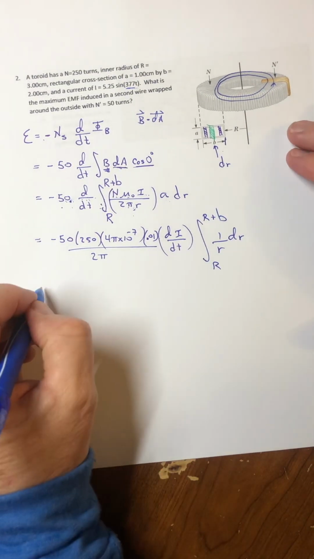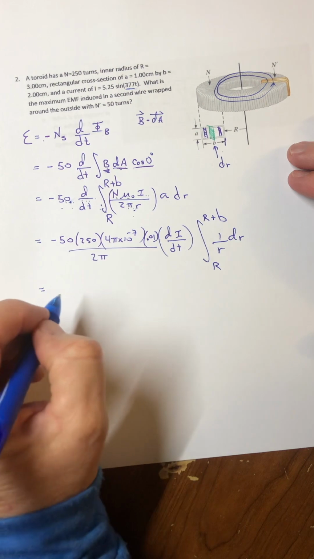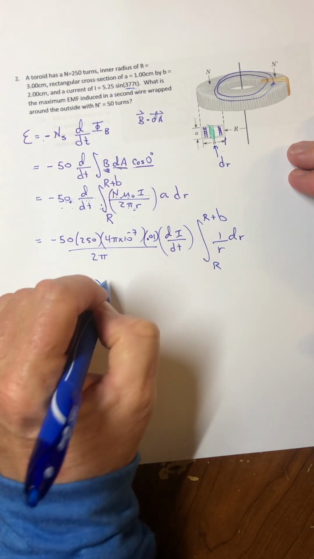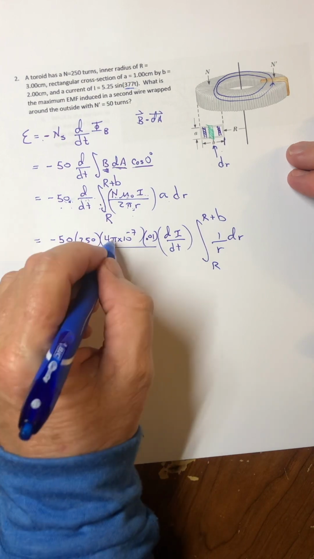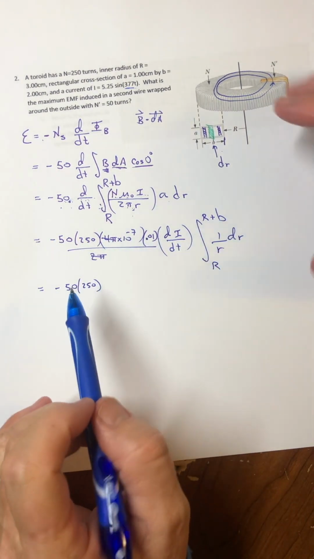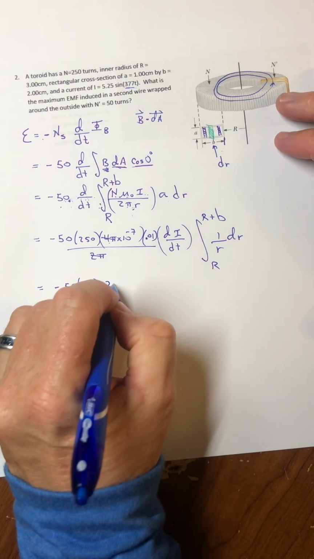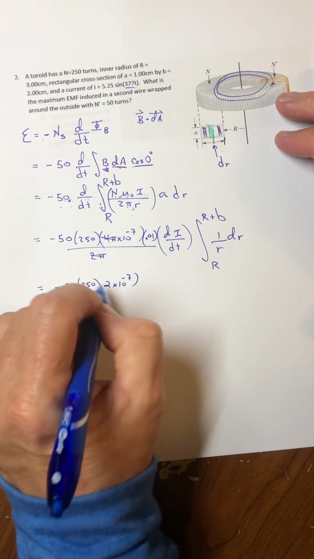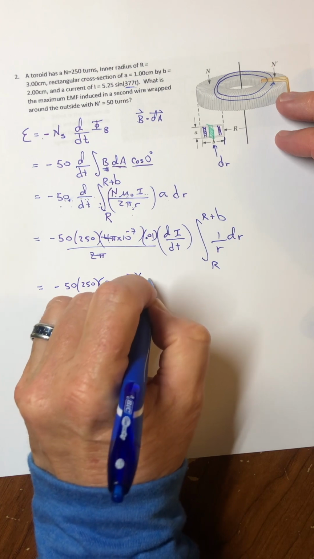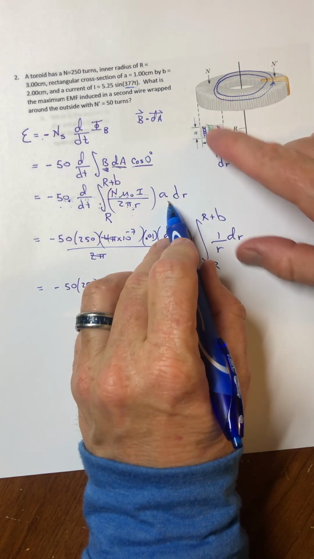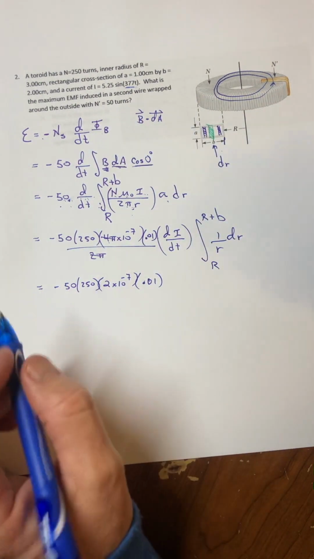So I'll do that integration. Now let's see what we have here. We've got a 50, we've got 250. To save myself a little work, notice that the 4 pi and the 2 pi result in 2 times 10 to the minus 7. There is the height of the toroid, that's the 1 centimeter.